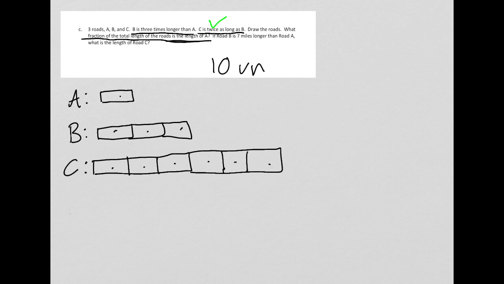So I have 10 units in total. And since A is worth 1 unit, it's worth 1 out of 10. This is 1/10 of the road. So A is equal to 1/10 of the total length of all the roads. Check. I wish they spread out these questions. There's a lot of questions shoved in here.